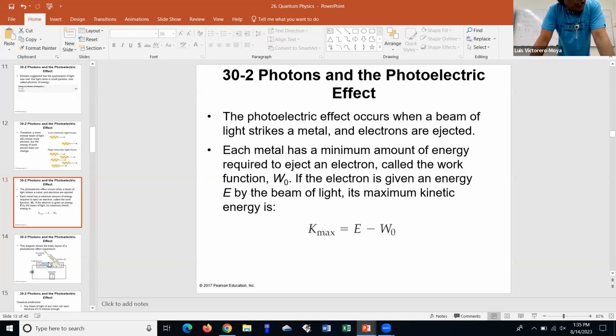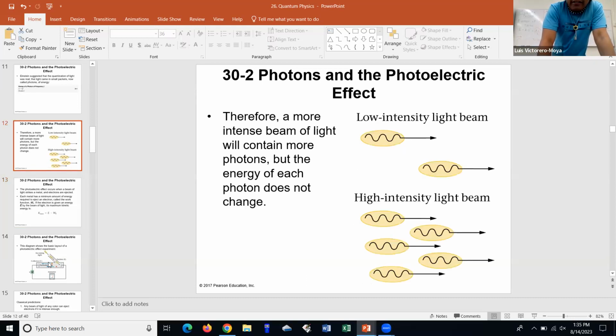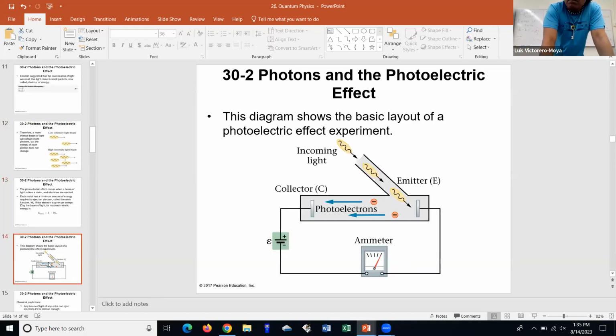Okay, it's like friction, right? The more friction, the less energy you will have for the electrons to flow. Now, how do you change the energy though? As I said here, you don't change the energy by changing the intensity of the beam. You change the energy by reducing the wavelength or increasing the frequency.